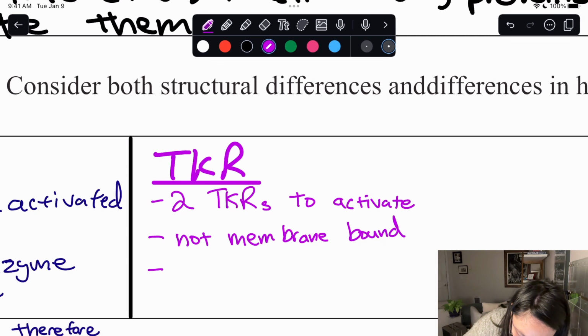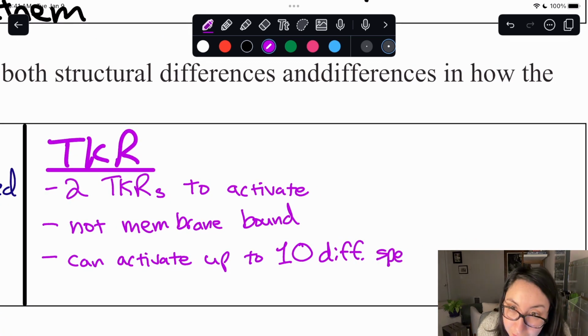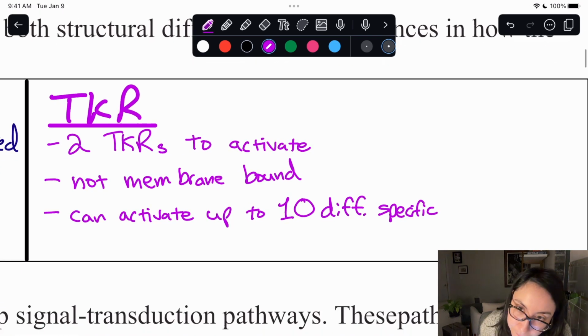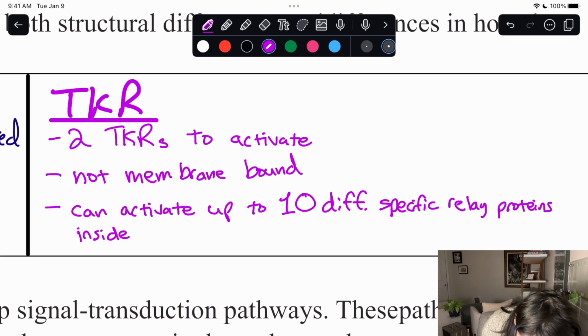Another thing is that these TKRs can activate up to 10 different specific relay proteins inside the cell, and produce multiple responses.